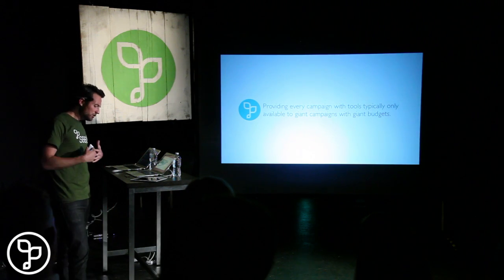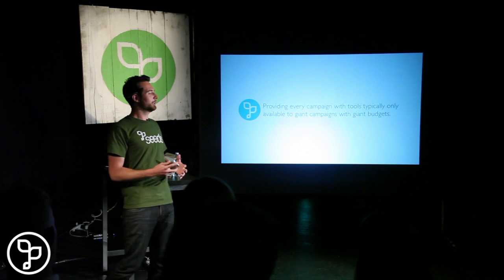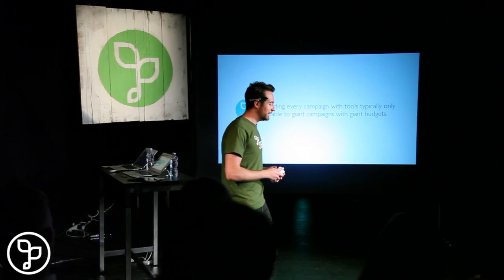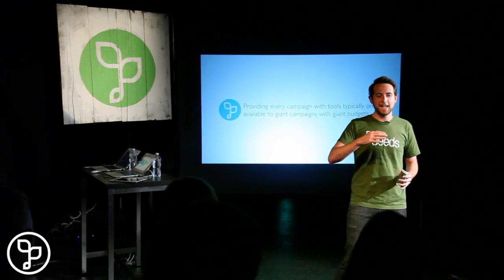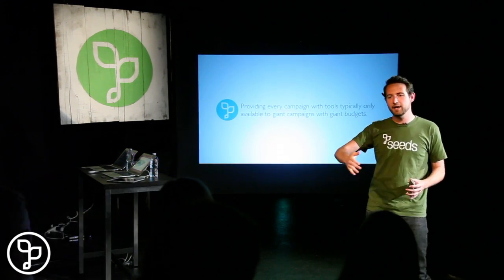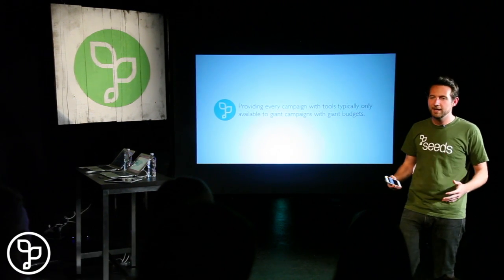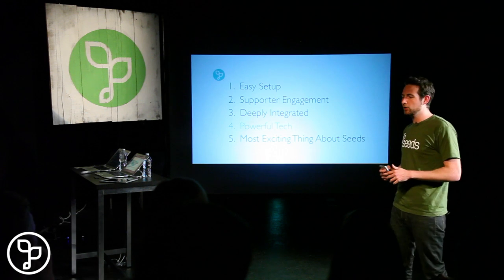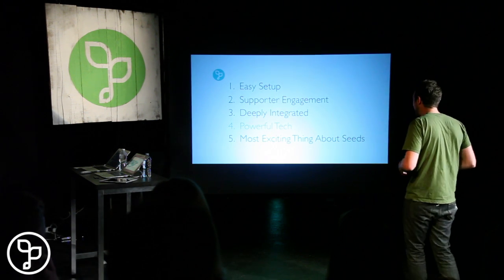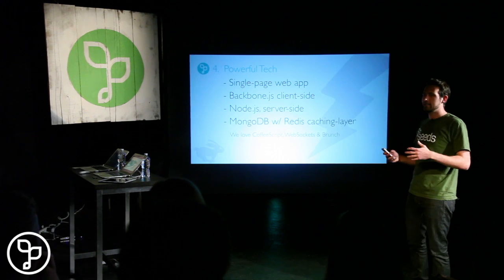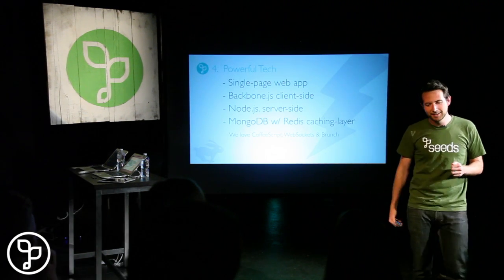So the refrain, if this was a song, would be that we're really working hard to provide every campaign with the same great set of tools that only the big campaigns with the huge budgets are able to access now. I'm going to talk real quick about the technology behind it, if anybody out there is interested.